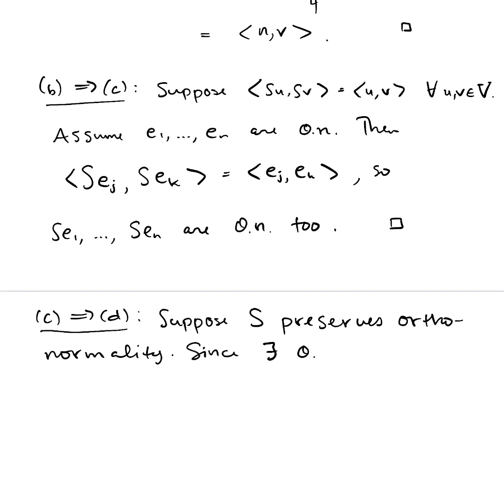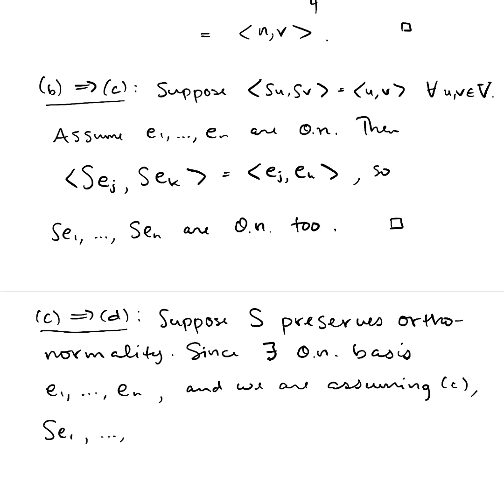Since there exists an ON basis, E1 through En, and we are assuming part C, SE1 through SEn is also orthonormal.